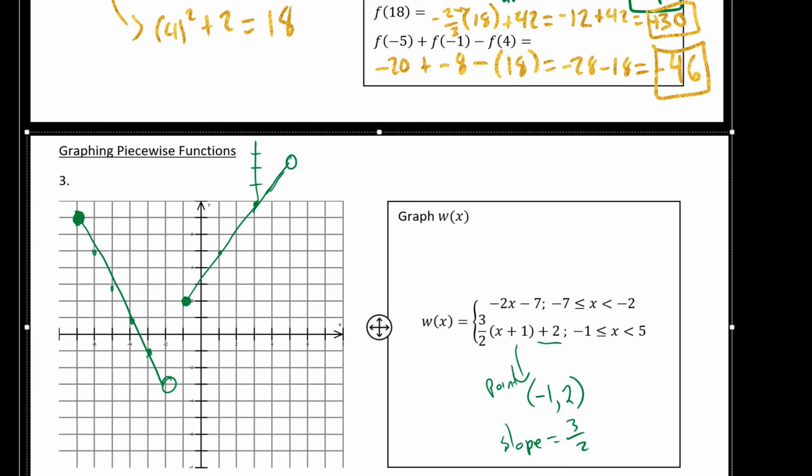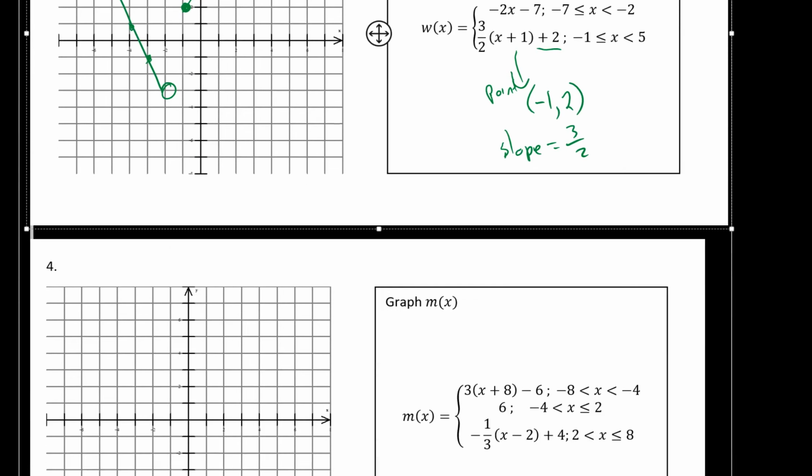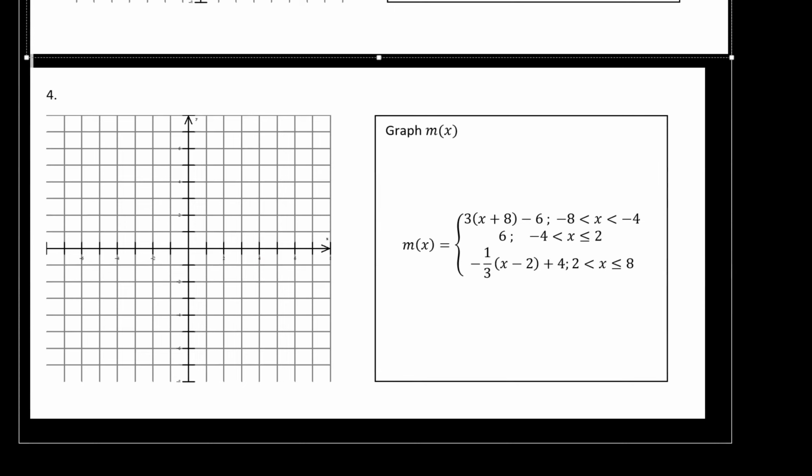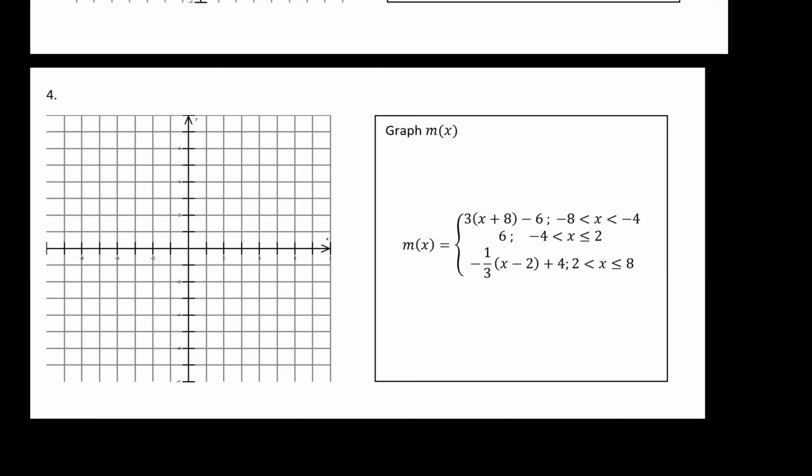So, you guys just graphed your first piecewise function. Congratulations. Number 4 here has a couple of things, so you're going to graph it the same way. Can I ask you guys really quick, before we start putting things away, what is the point that you're using here? Negative 8, negative 6, and what is the slope? 3. Very good. What are you going to do with this constant? This is just 6.